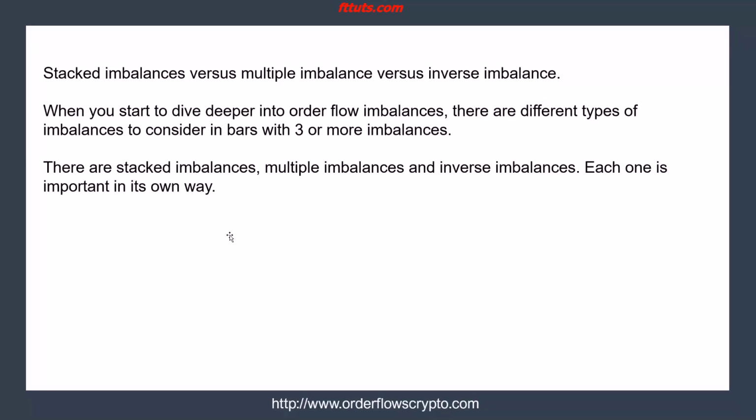And when you look at imbalances, you really get interested in those bars that have more than 3 imbalances, right? You can even choose 4. You think of an imbalance in the imbalances, okay? Now, stacked imbalances, multiple imbalances, and inverse imbalances, each one is important in its own way, right?